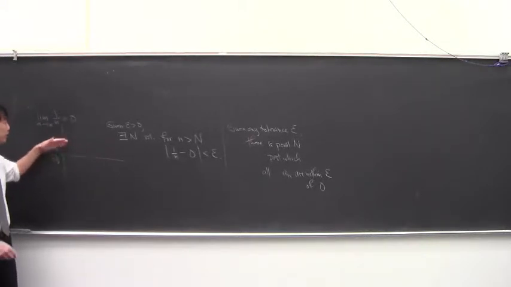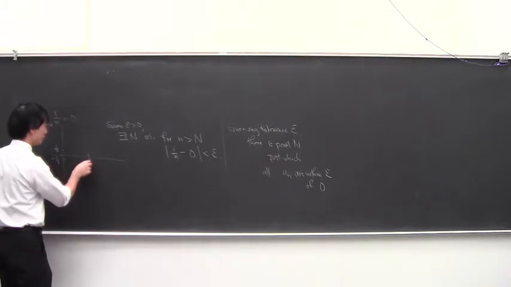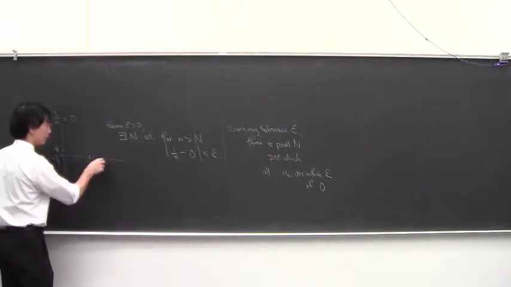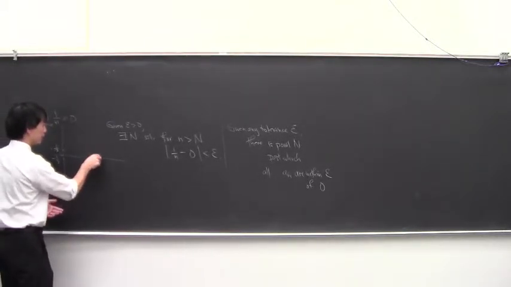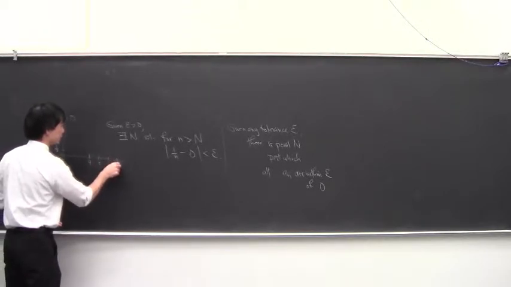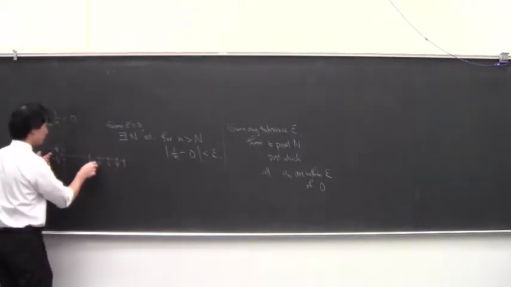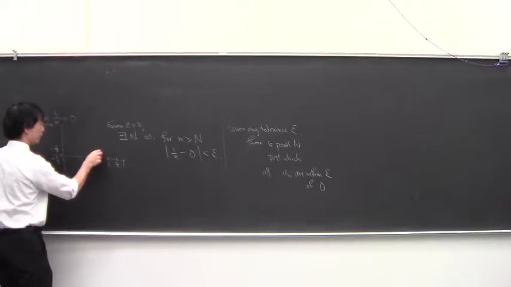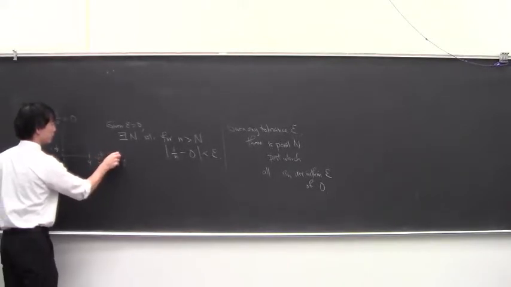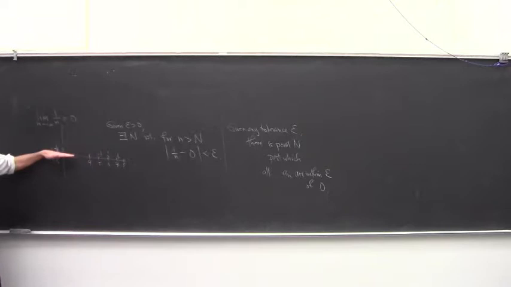And you'd say, yeah, sure. If I take, for example, time 4, then past that time, at time 5, 6, 7, 8, you see what my points are. They're 1 over 5, 1 over 6, 1 over 7, and all of these guys are within a third of 0.